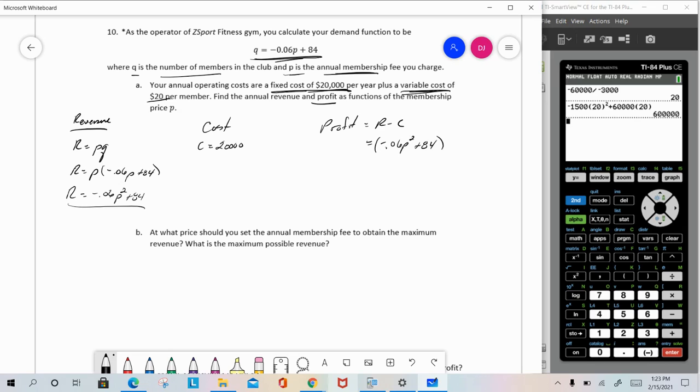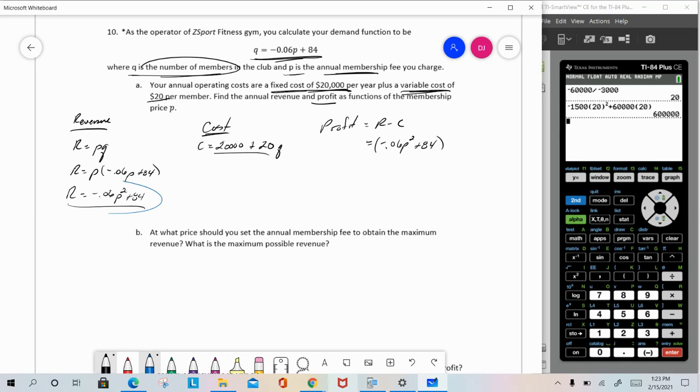So for the gym, it might be that you're going to pay your rent, but your variable cost is you got to do more laundry, towels and things, depending on how many members use your facility or how much they spend in water for showers afterwards or whatever. So your cost is a fixed cost of $20,000 plus $20 per member. And remember that Q is the number of members. So this is your cost.